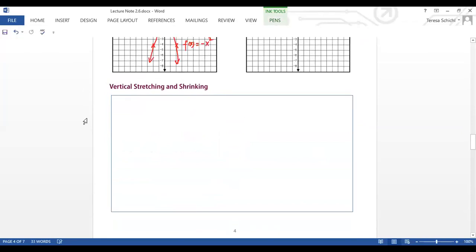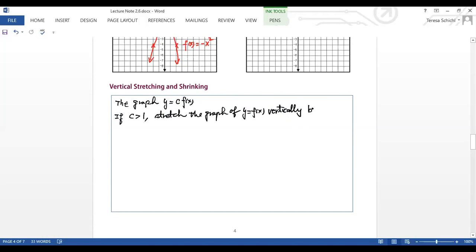For the graph, y equal to c f of x. If you multiply the graph by a constant, we know that if c is greater than 1, then we stretch the graph vertically by a factor of c.